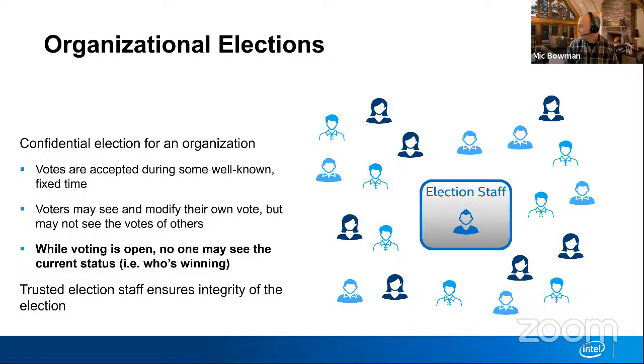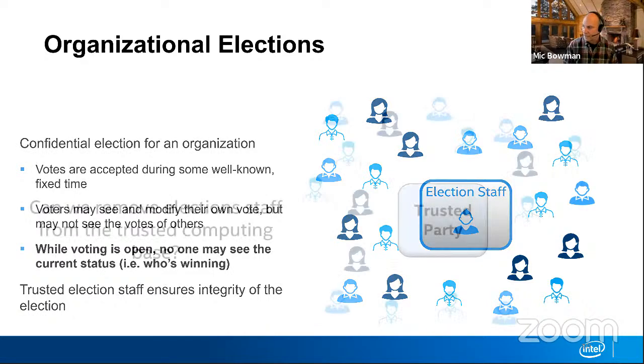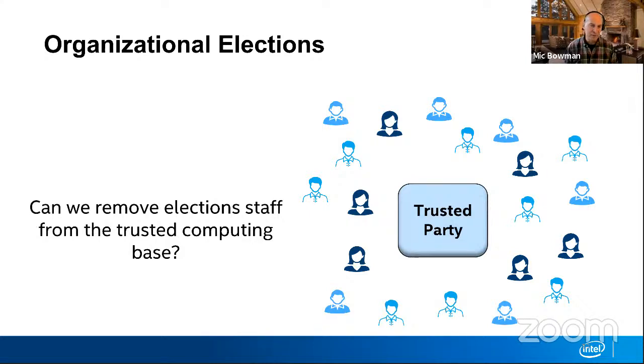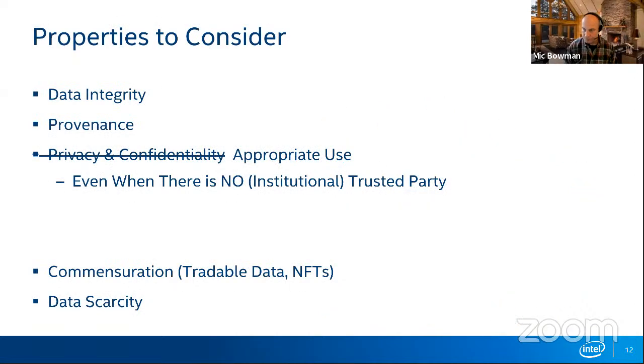But with organizational elections, like electing the Hyperledger Technical Steering Committee that we're going through right now, again what we would really like is to remove the election staff from that trusted computing base, and have some kind of third party which can enforce the rules, sees all the data, and which everyone trusts to generate the right results.